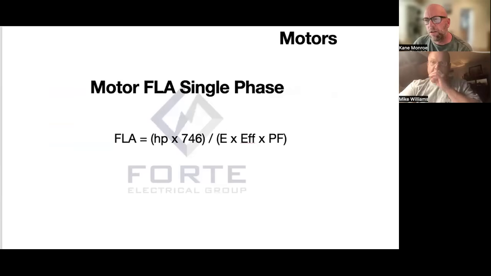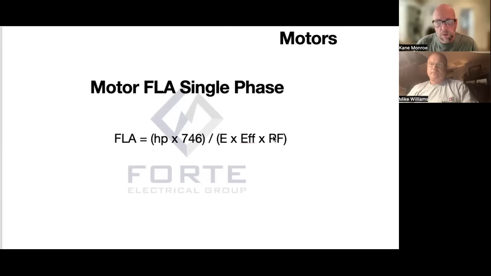So if they asked, did you get something like this? What's the FLA of the motor? I don't remember that one. Okay. Like I said, I'm just getting this on your video. What you do is you take the FLA equals the horsepower, for each horsepower there's 746 watts, and you divide it by the voltage, and then the efficiency and the power factor.